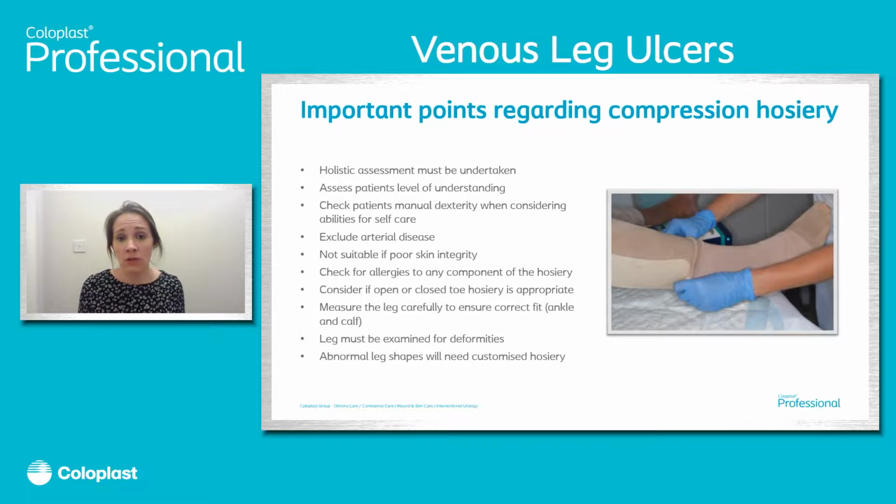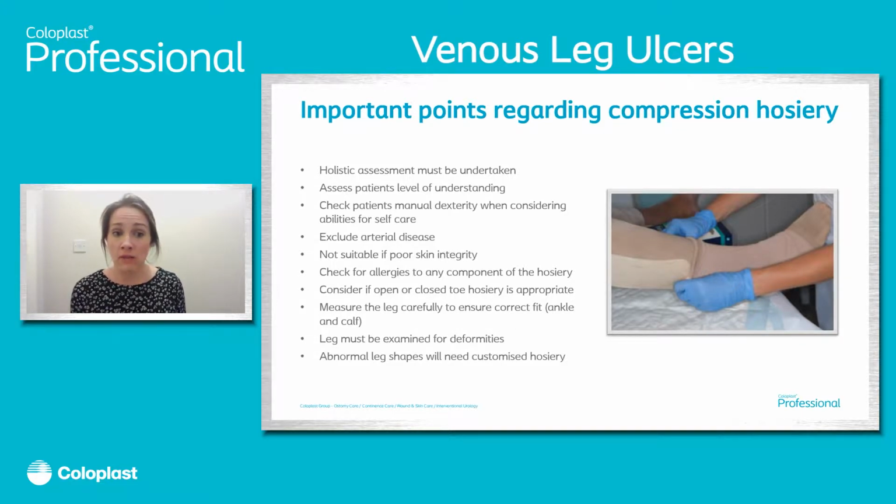Again, that 40 millimeters of mercury of pressure is the ideal, is the optimum if we're looking at healing a leg ulcer, but we may do a step down to half of that, so 20 millimeters of mercury of pressure, for example, if we are looking to just maintain an already healed ulcer. So that step down approach.